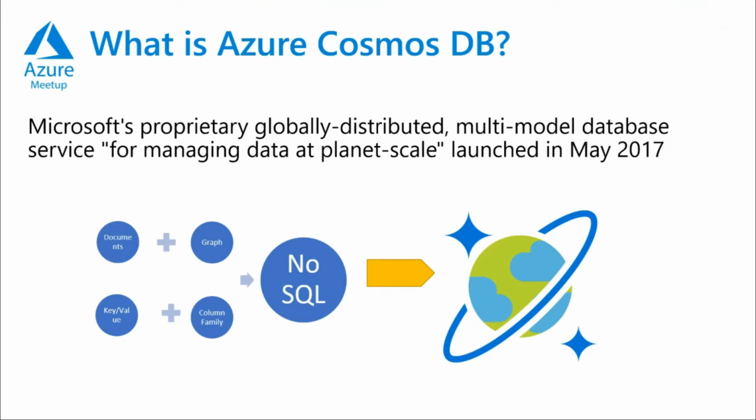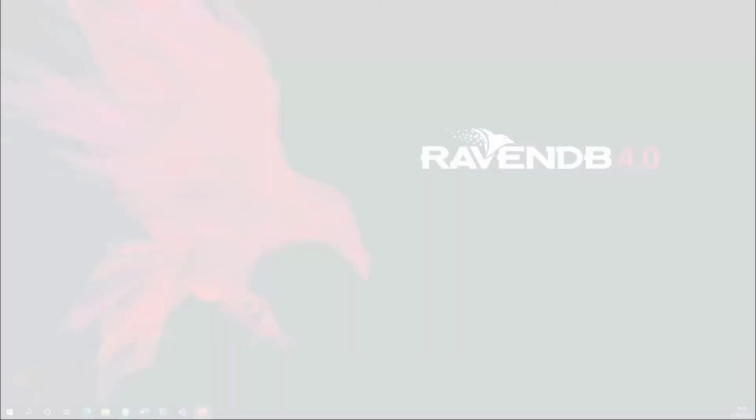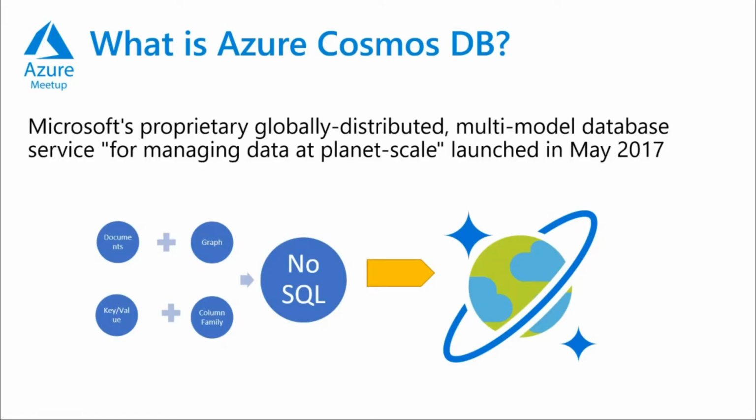You can query it using SQL, graph operations, a MongoDB API, and all sorts of other stuff. When you look at it this way, it's a really attractive offering. It means I have something here that I can use for everything because it has an API for everything.